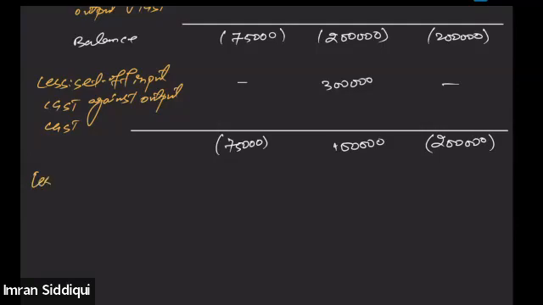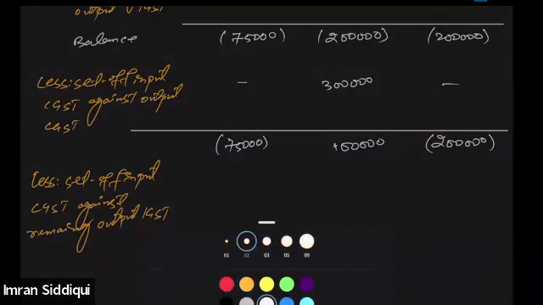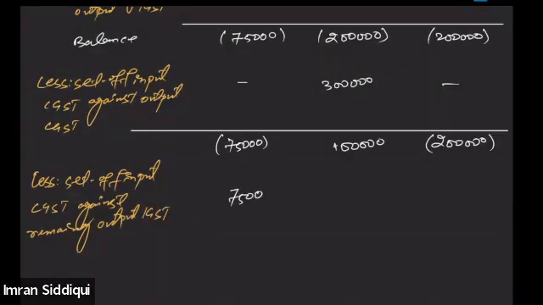Subtracting, or set off input CGST against the remaining output IGST. All right, so we'll subtract 75,000 from here and 75,000.